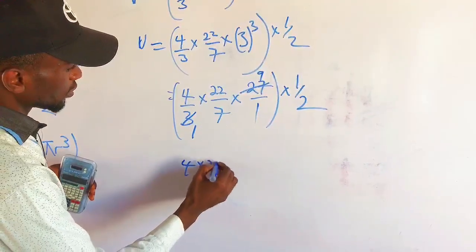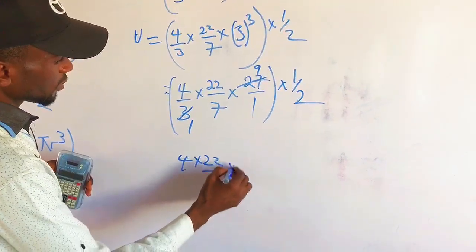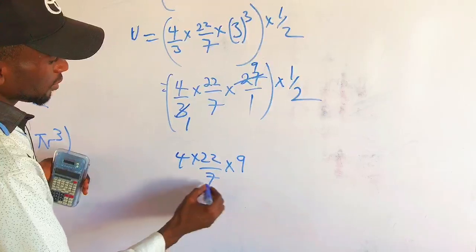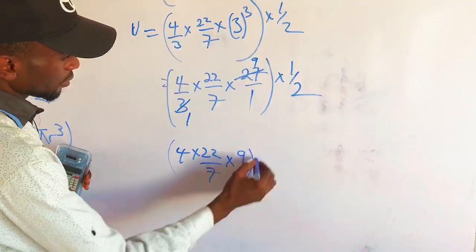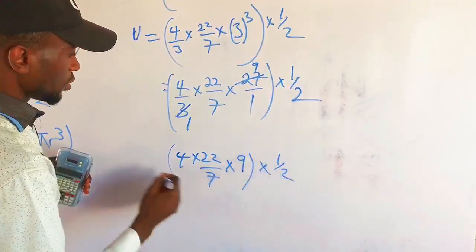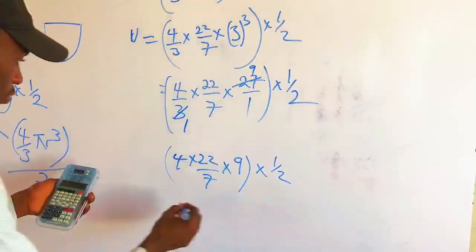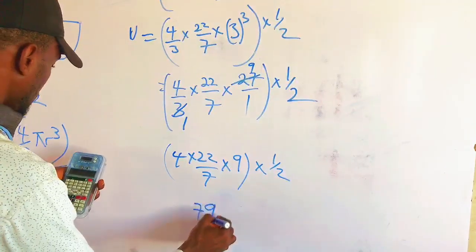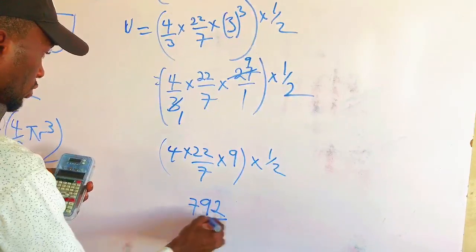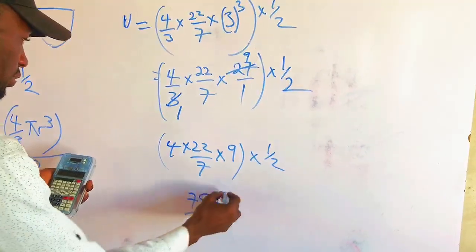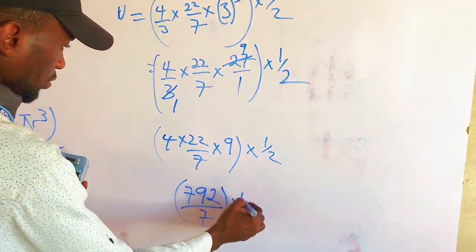So I am now having 4 times 22/7 times 9, then times 1/2. By the time you multiply out, you get 792 divided by 7 times 1/2.